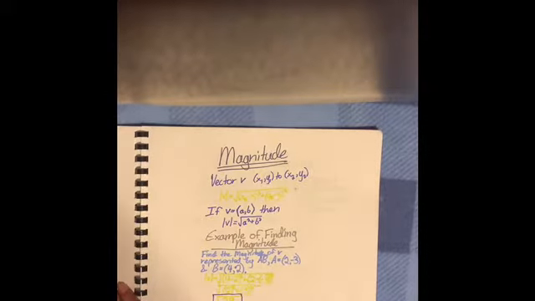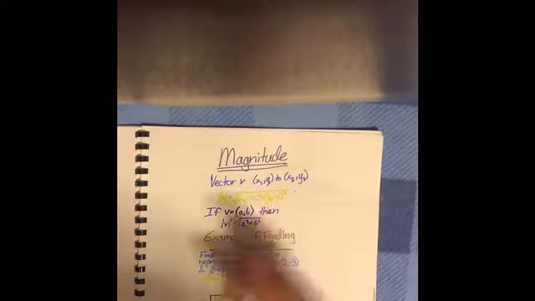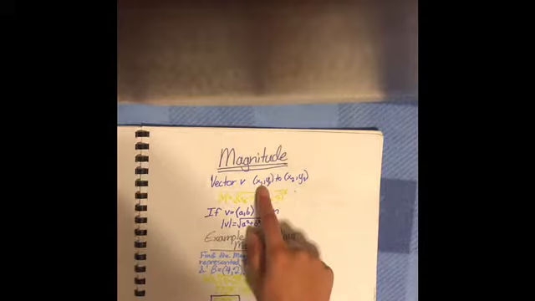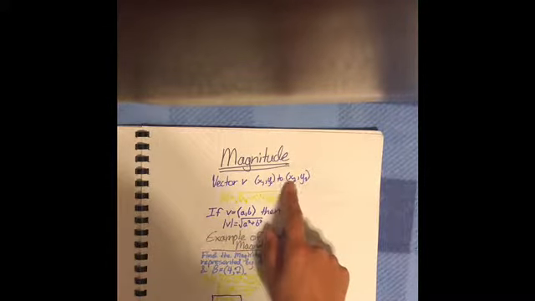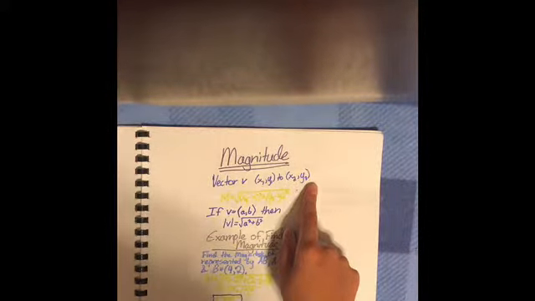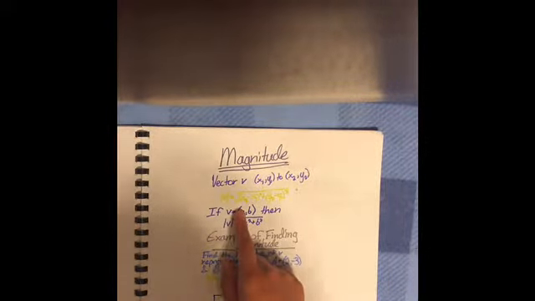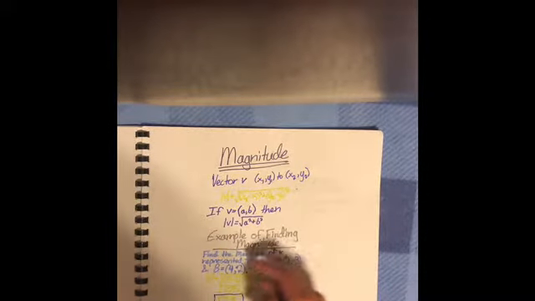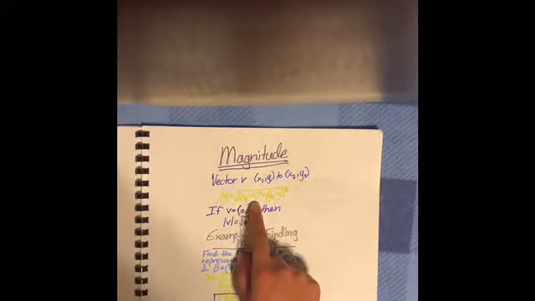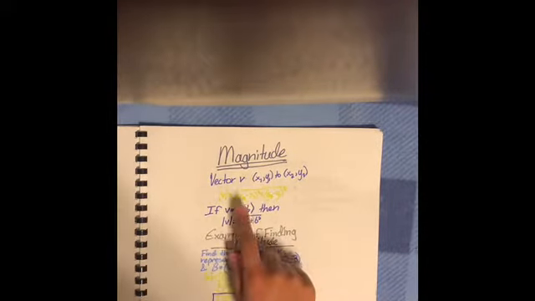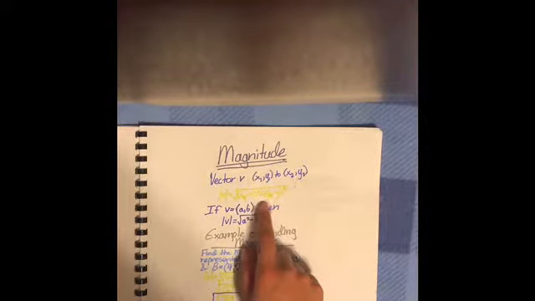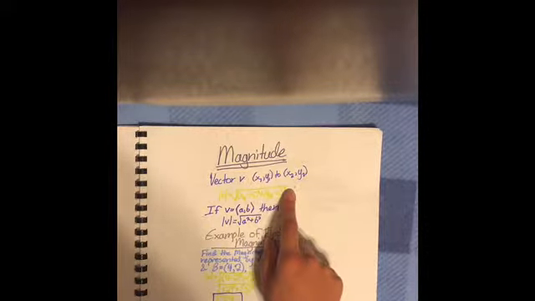So now on to magnitude. So if V is represented as x1, y1 to x2, y2, then the absolute value of V equals the square root of x2 minus x1 squared plus y2 minus y1 squared.